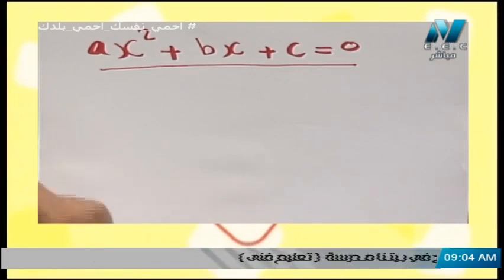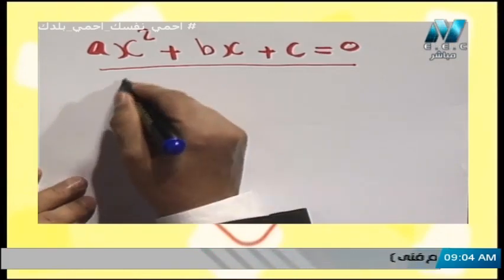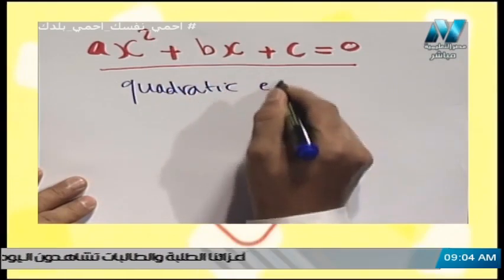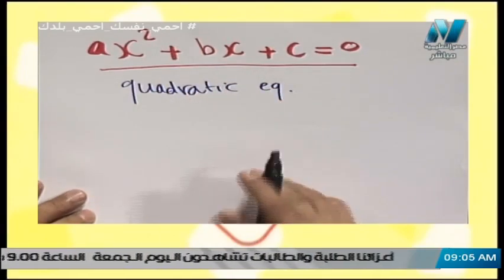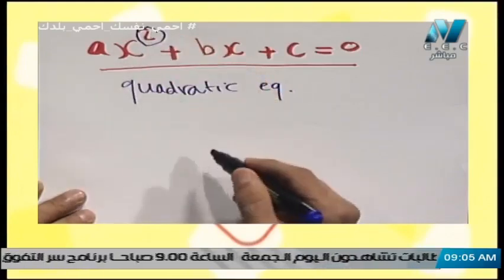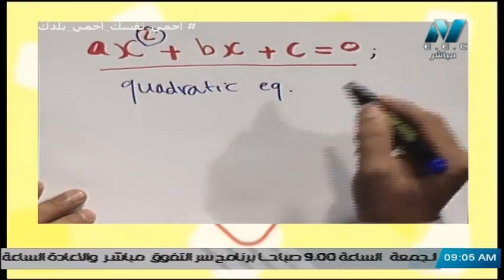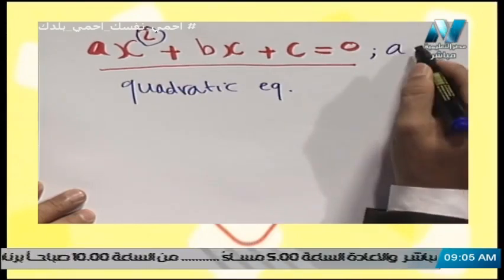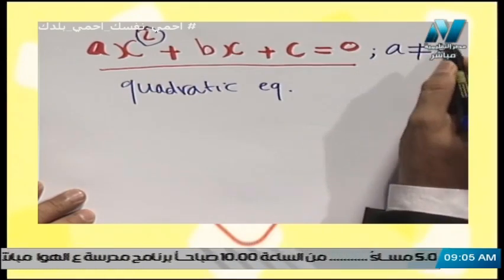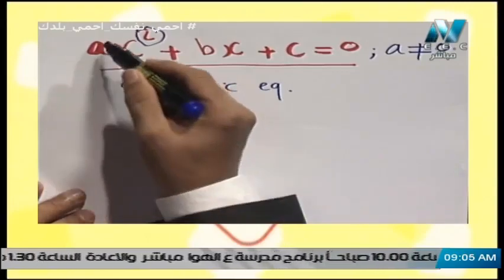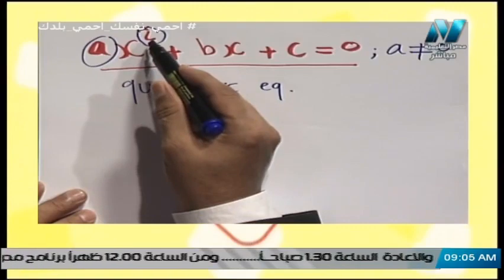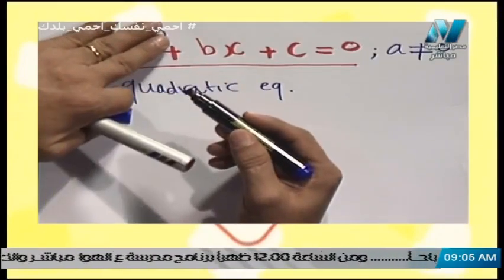And we also call it a quadratic equation, because it is a second degree equation. And there is a very important condition here: a is a real number that doesn't equal 0, because if a equals 0, it will not be a second degree equation.